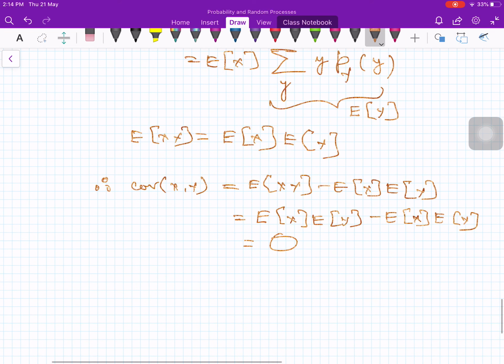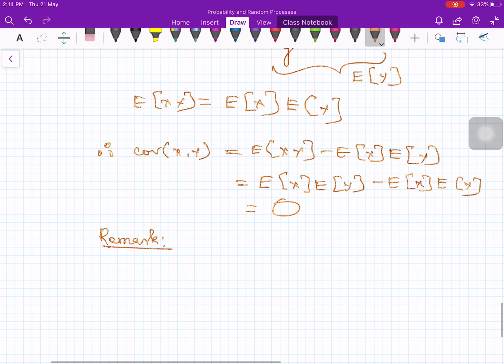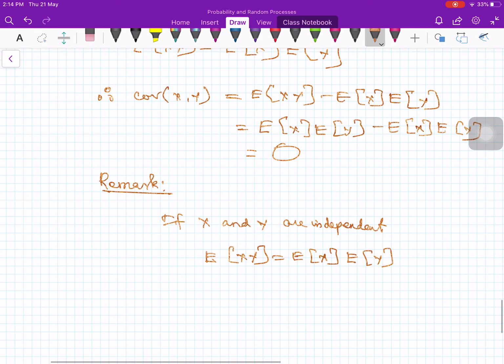So the final remark I would like to mention here: if x and y are independent, then E of xy equals E of x times E of y, which implies that covariance of x and y equals 0.